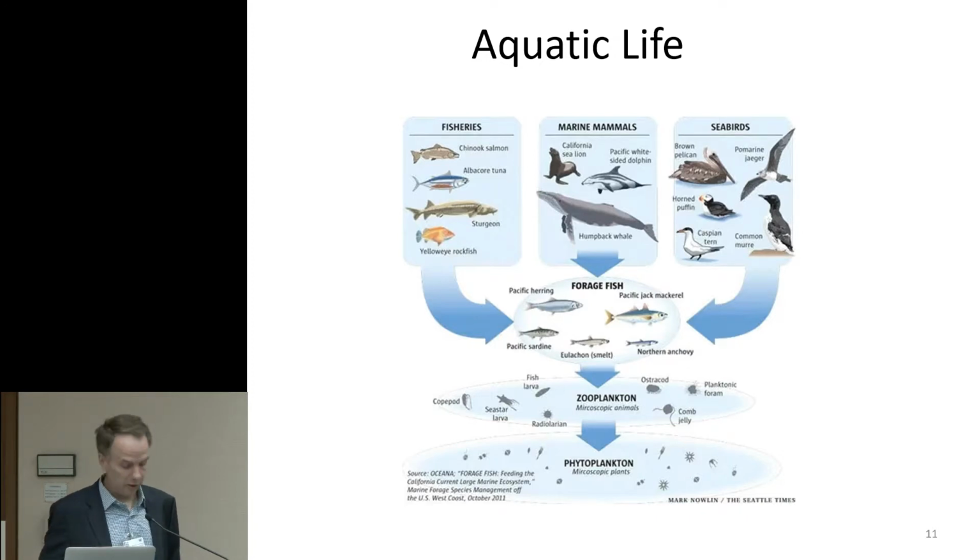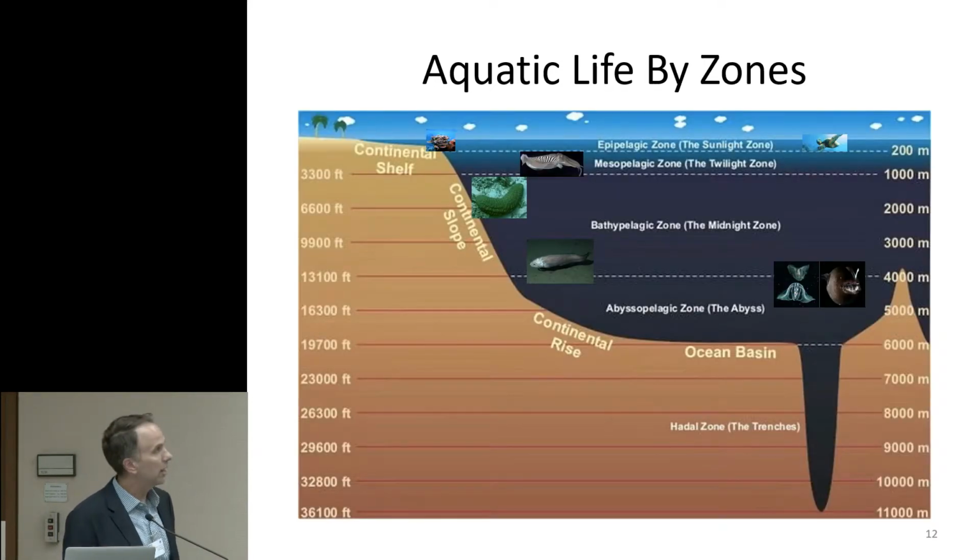Now, if we look back at the image I showed before, which was the zones in the ocean, I just wanted to show here what kinds of sea life are associated with the different zones. Like I said, that Epipelagic Zone, the top zone, has, I know it's hard to see on this, but I did my best here, has species that we're familiar with, right? Our corals, our sea turtles, right? All of these things that many of our fisheries are associated with.